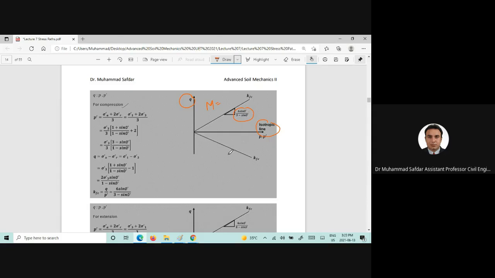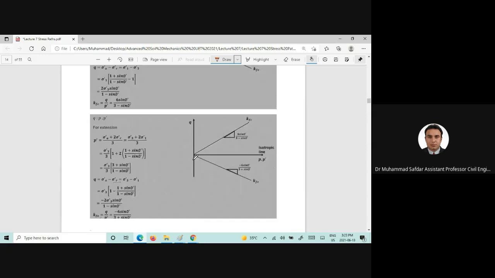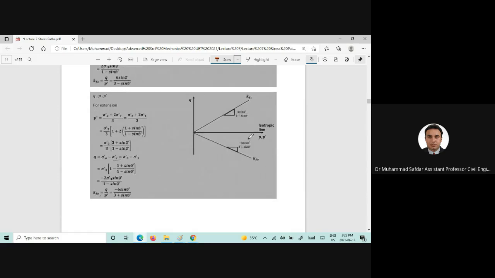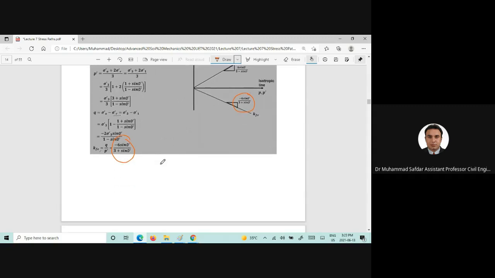And if you want to find the slope in the case of extension loading conditions, which means that we are increasing the lateral pressures or increasing the load in extension, then we can also find the slopes in those conditions.